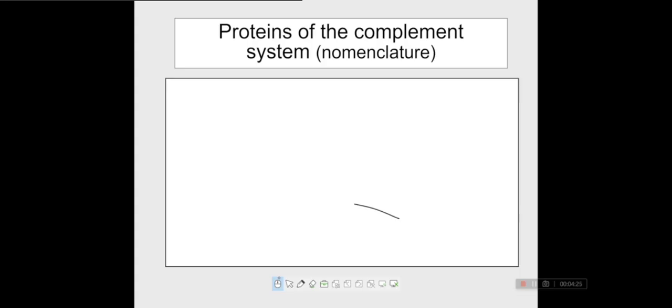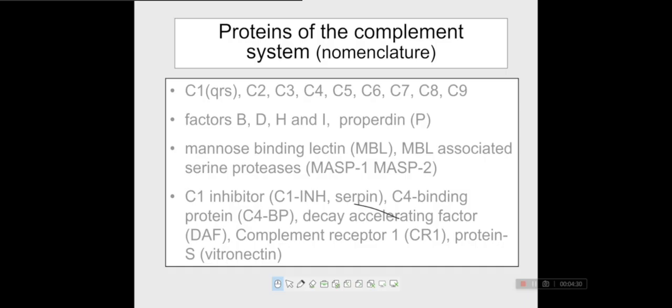Next, the proteins of the complement system. There are several proteins in the complement system. The sequence in which they are activated differs in different pathways, but there are several complement proteins. The proteins are indicated as C1, C2, C3.